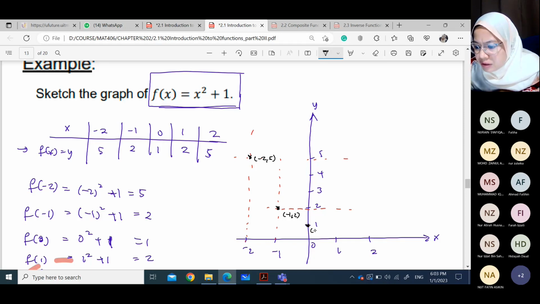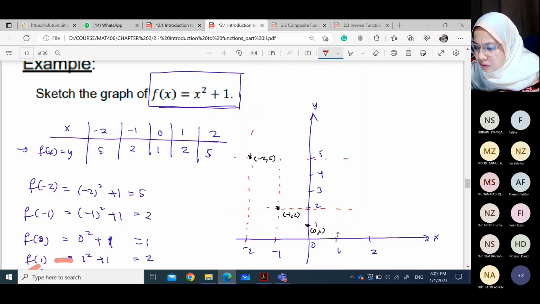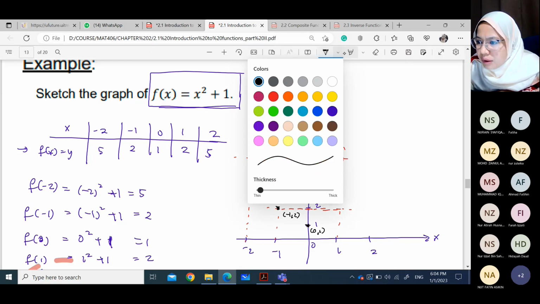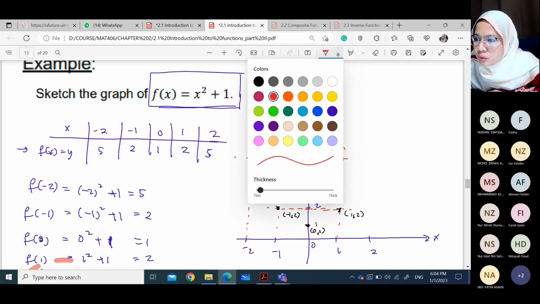So this point is 0, 1. And lagi 2 point. x equals to 1, y 2. Macam tu. Dapat point dekat sini. So this point is 1, 2. The last point, x equals to 2.